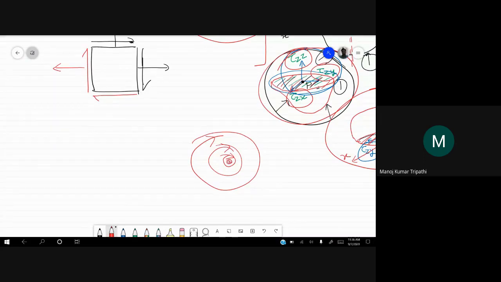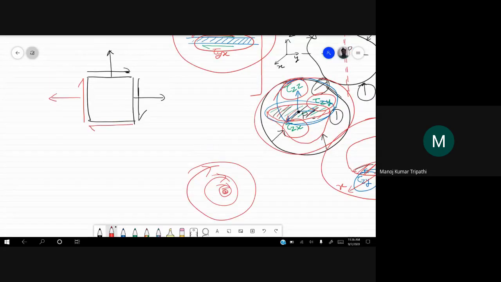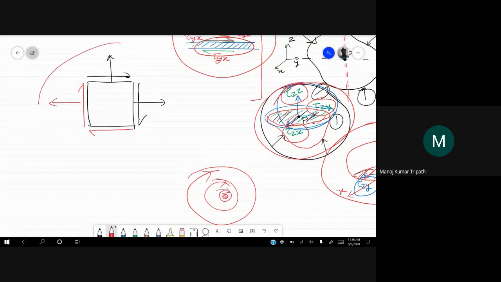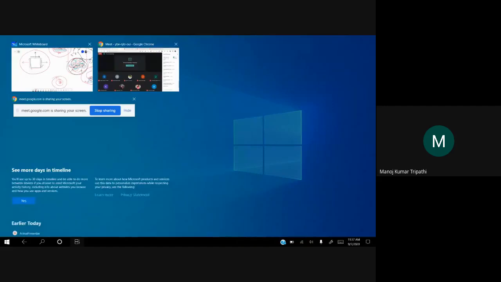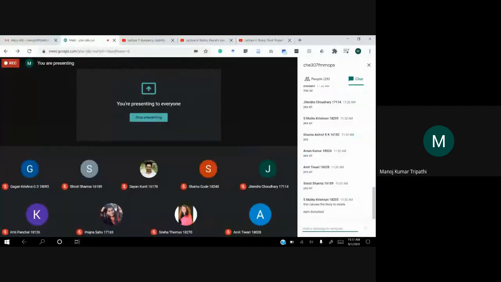There the fluid elements are rotating, but I'm not saying infinitesimally small fluid elements are rotating there, but still you see some rotation. Is it possible to have a stress like this? Can you write yes or no?